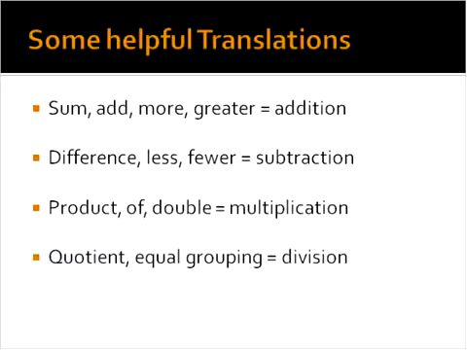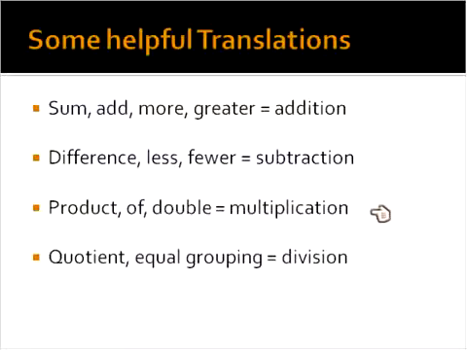Here are some helpful translation words. When we're talking about addition, you'll hear the word sum, add, more, or greater. You may also hear greater than. In subtraction, you'll hear less than, less, different, or fewer.